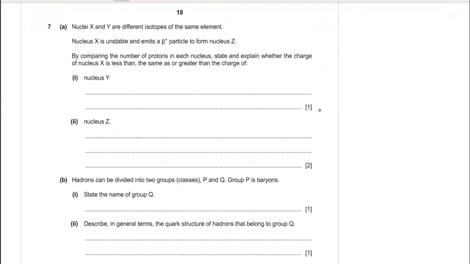Nucleus X is unstable and emits a beta plus particle to form nucleus Z. By comparing the number of protons in each nucleus, state and explain whether the charge of nucleus X is less than, the same as, or greater than the charge of nucleus Y.